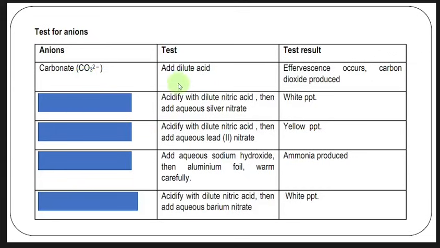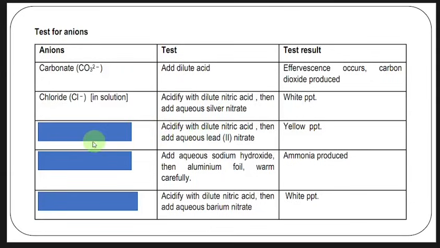All right. Again, if you have a known substance like here, you acidify with dilute nitric acid, then add aqueous silver nitrate, and you see a precipitate. Then that one contains chloride ions.